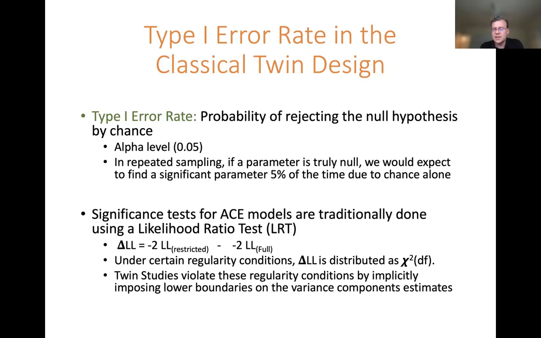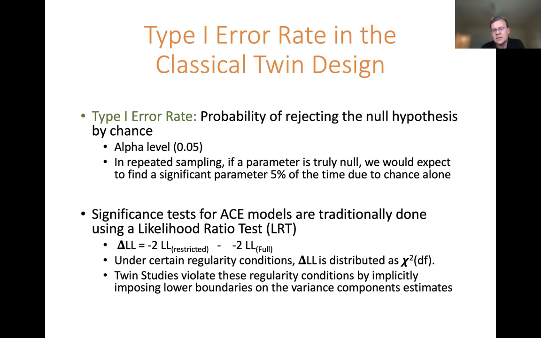The significance tests for ACE models are traditionally done using likelihood ratio tests, where the difference in the -2 log likelihood between the restricted and the full model is the parameter of interest. And under certain regularity conditions, the difference between these two components is distributed as a chi-squared distribution with the degrees of freedom equal to the difference in the number of parameters estimated.